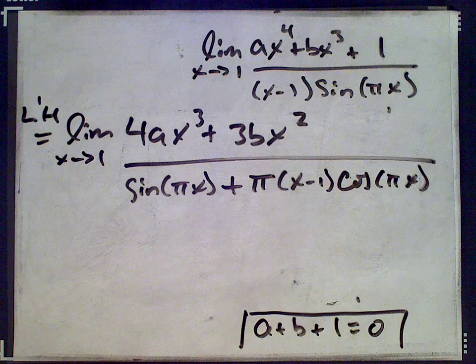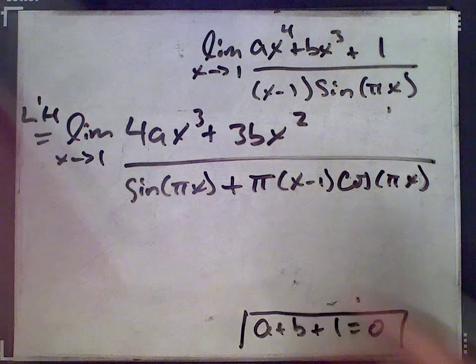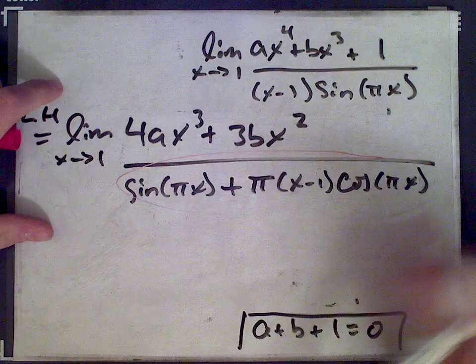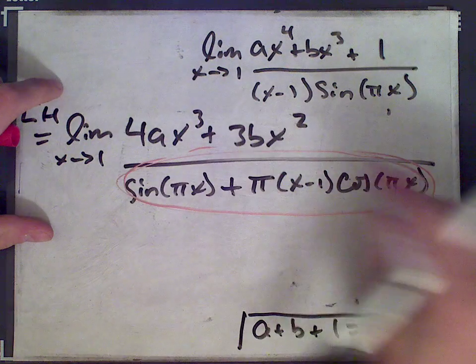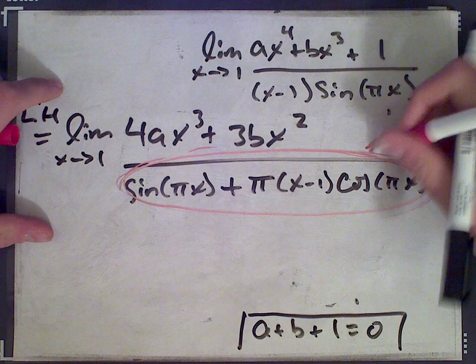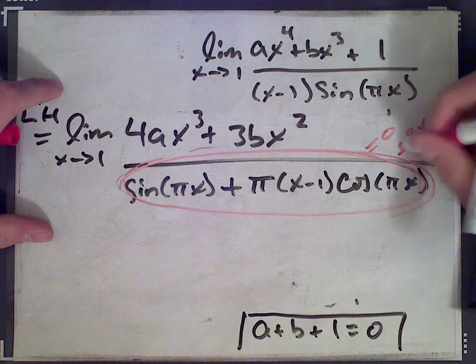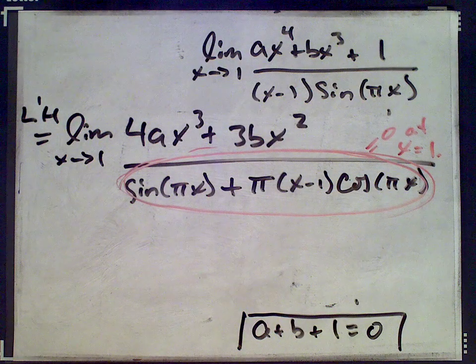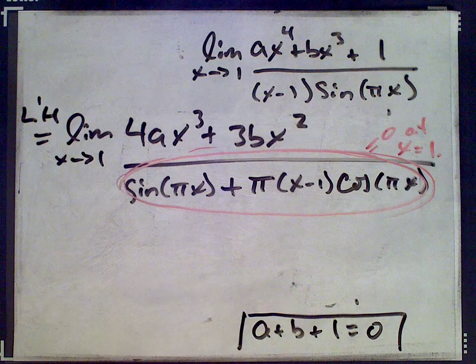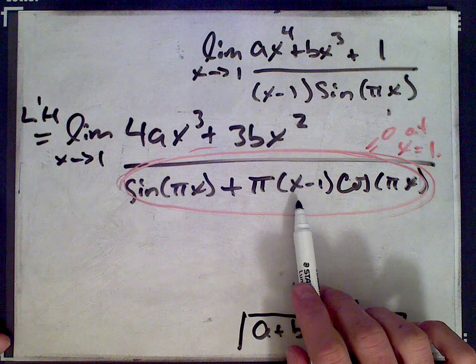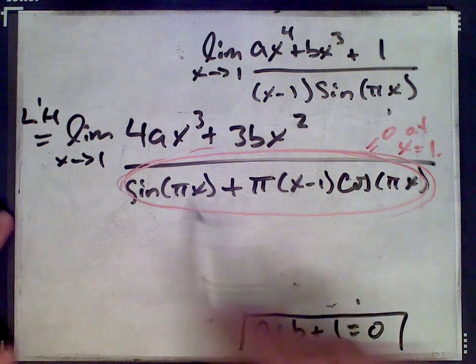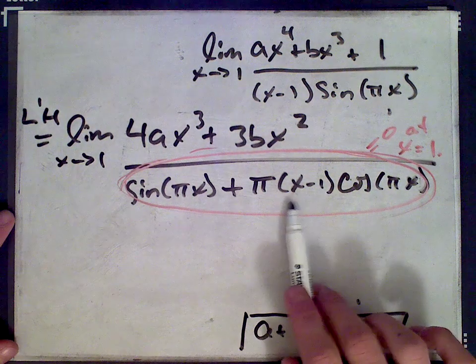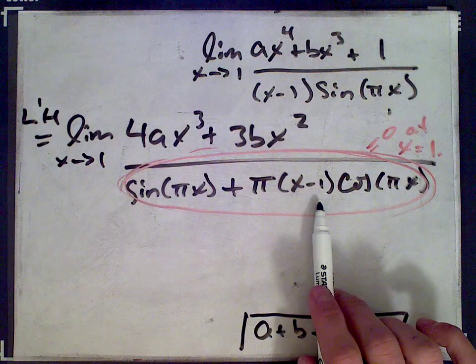And then what we see when we plug into the denominator is that this equals 0 at x equals 1. The denominator is again 0, because sine of pi is 0 and x minus 1 becomes 0.